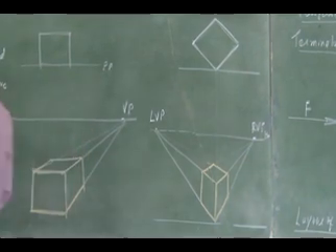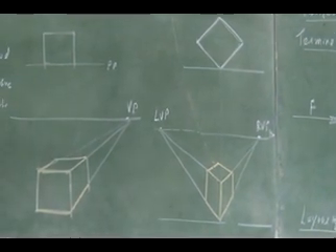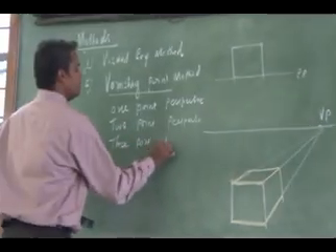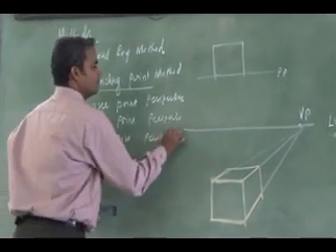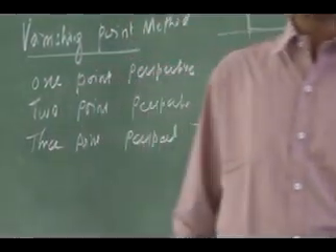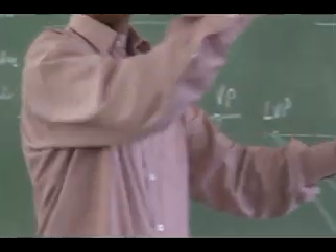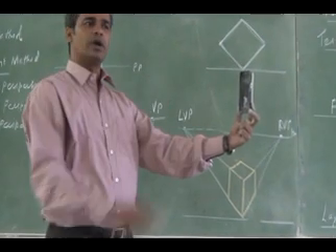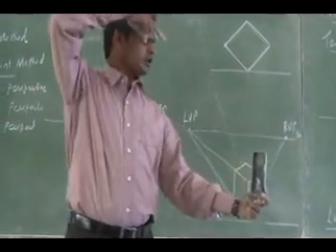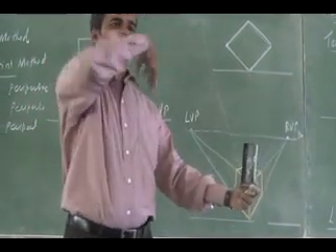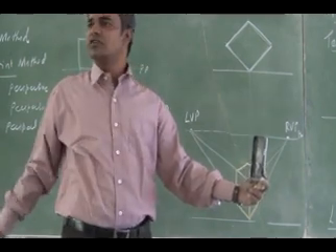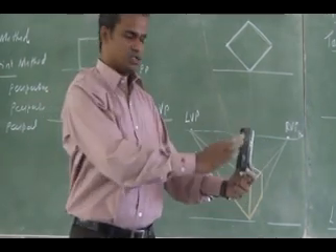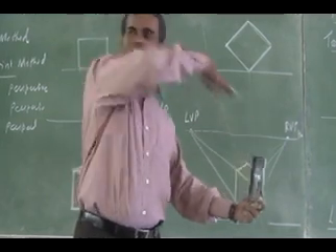Similarly, I have a 3-point perspective. If I have the same object and it is parallel, I can have a single point perspective. If it is inclined like this, I can go for 2-point. If I look from the top like this at the inclined surfaces, three surfaces, so this is this face and this face.